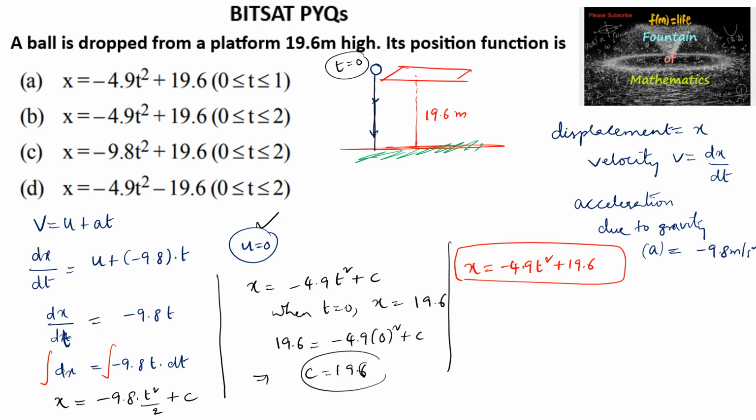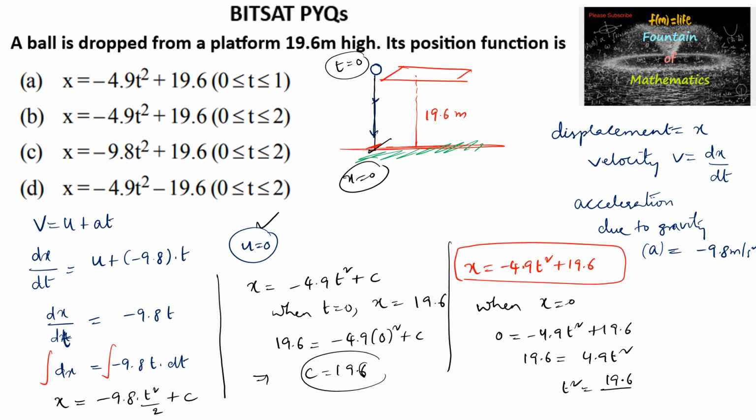And now to find the value of t at the final position, the displacement x is equal to 0 here, meaning there is no displacement. So when x is equal to 0, we get 0 is equal to negative 4.9 t square plus 19.6, and here we can say 19.6 is equal to 4.9 t square, or t square is equal to 19.6 upon 4.9, which is 4.